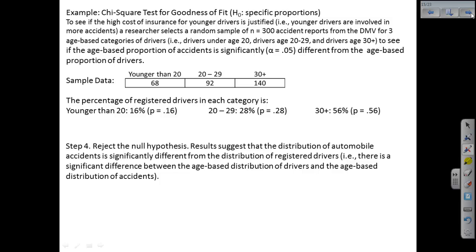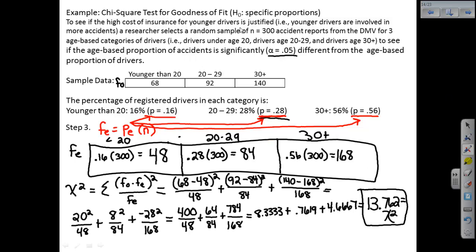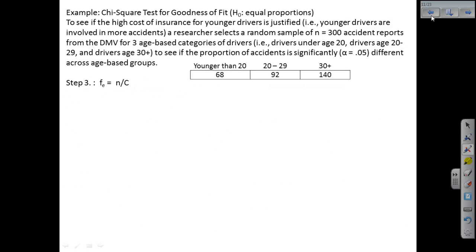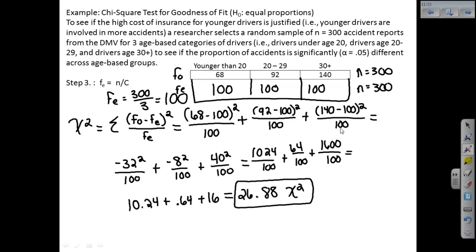But if you look at what we're really looking at in this study, we want to see if younger drivers are involved in more accidents, to justify the cost of insurance for younger drivers being higher. So we got a significant result, even though, keep in mind, the chi-square for this study was much smaller than the chi-square we found when we were assuming that the distribution was equal.